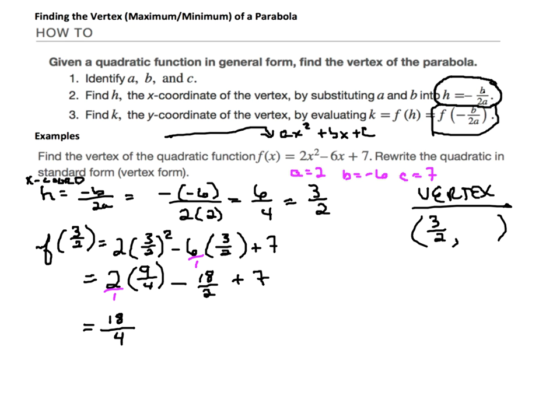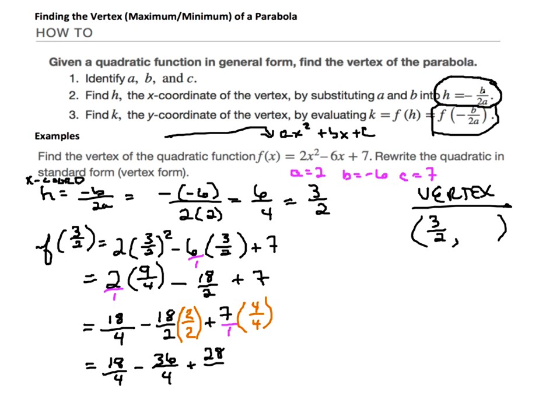So I have 2 times 9, which is 18, over 4, minus 18 over 2, and I'm going to leave some room to get a common denominator, plus 7 over understood 1. Now I need to come back and multiply by my clever forms of 1 that give me that common denominator all the way across. Multiply fractions straight across, so 18 fourths minus 36 fourths plus 28 fourths.